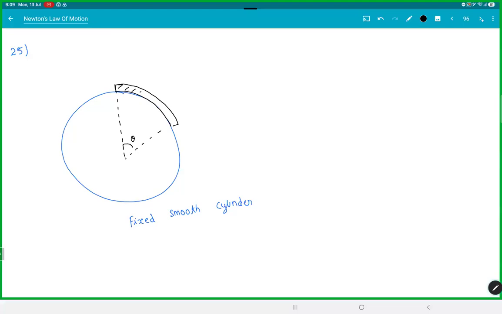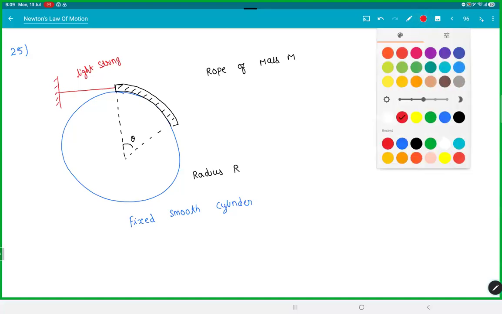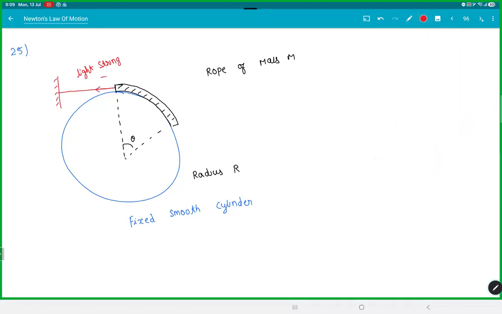This is theta. This is a rope of mass m. The radius is r. Now tell me, if I keep a rope like this on a smooth surface, will it stay there? It will fall down. So what you did, you took a light string and tied it to the wall to keep it at rest. This is a light string. This string, the red one, didn't have mass. Find tension.